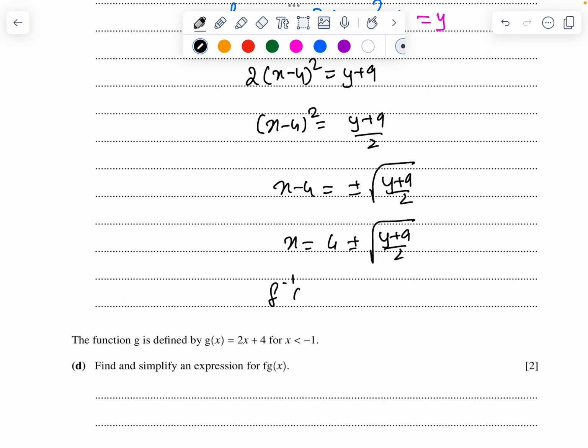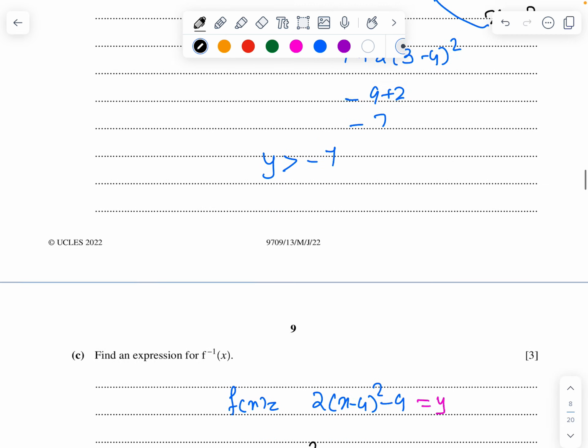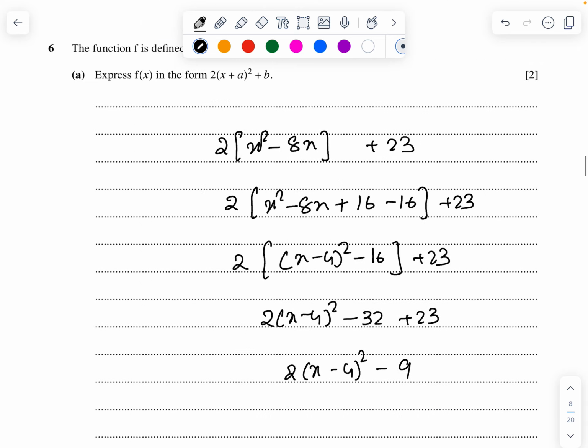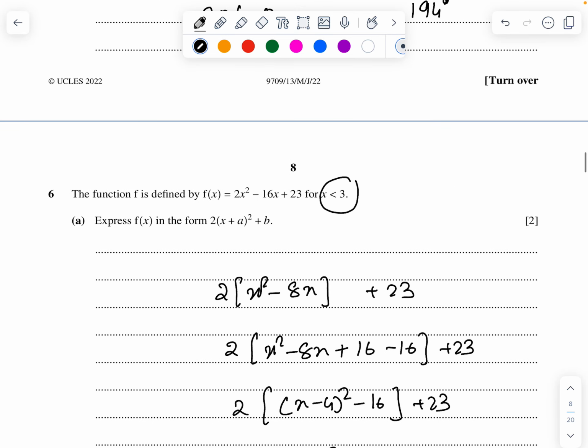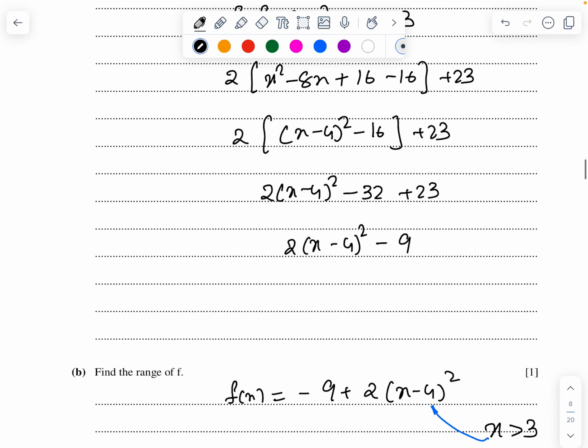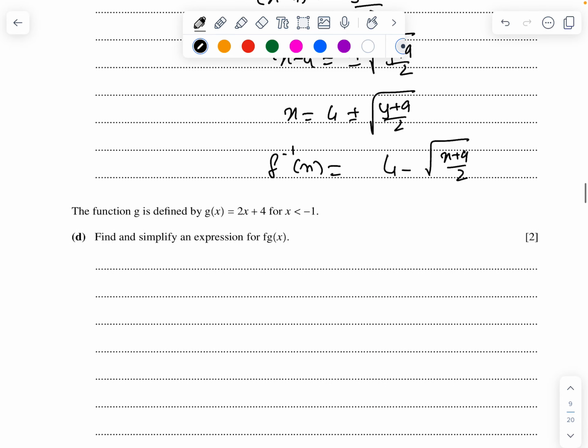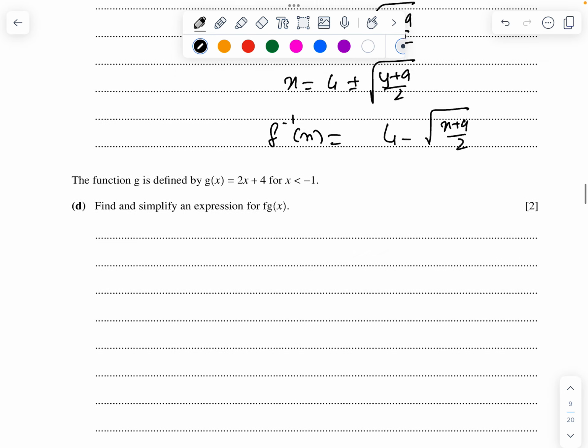So f inverse of x equals only 4 minus square root of x plus 9 divided by 2, because we can see that x is always less than 3. So I should be getting 4 minus something.